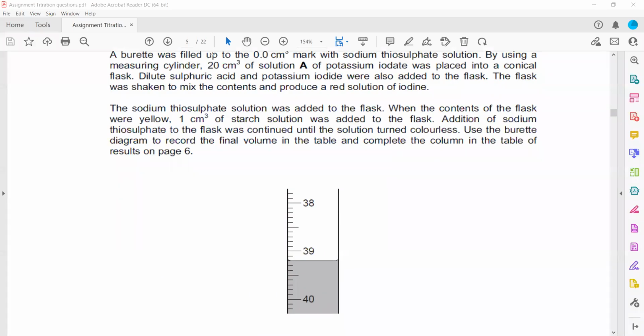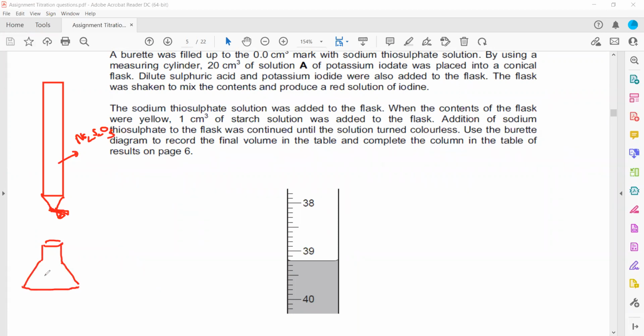So here, in a similar experiment, we fill the burette with sodium thiosulfate. This is the formula for sodium thiosulfate, Na2S2O3, and in the mixture we have potassium iodide, which will form iodine molecules.